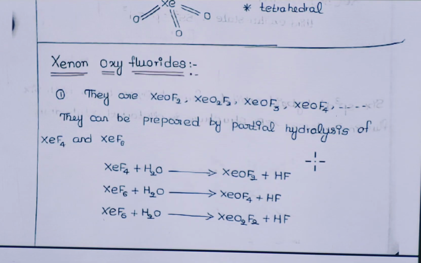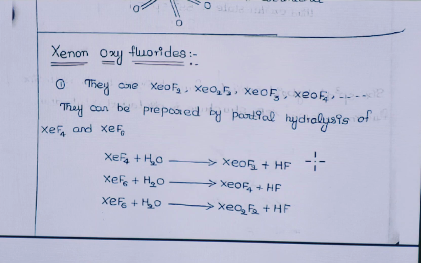Next topic is xenon oxyfluorides. When xenon combines with oxygen and fluorine, it forms xenon oxyfluorides. They are xenon oxydifluoride, XeO2F2, and XeOF4. They can be prepared by partial hydrolysis of xenon tetrafluoride and xenon hexafluoride.